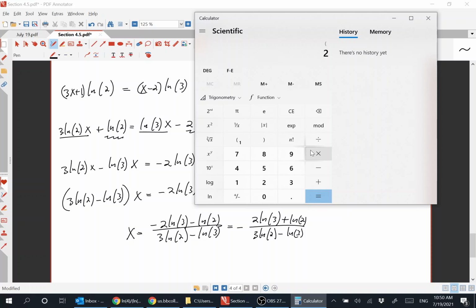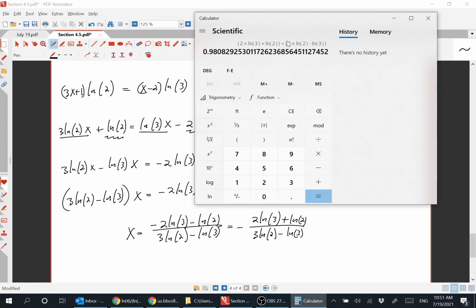So 2 times the natural log of 3 plus the natural log of 2, close parentheses, divided by 3 natural log of 2 minus 3 natural log, close parentheses.